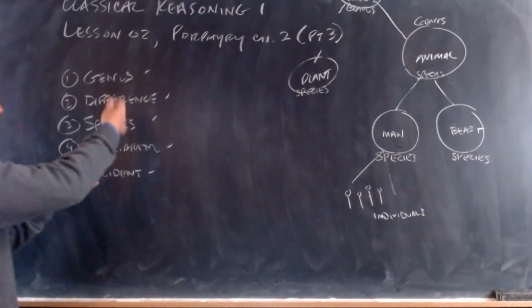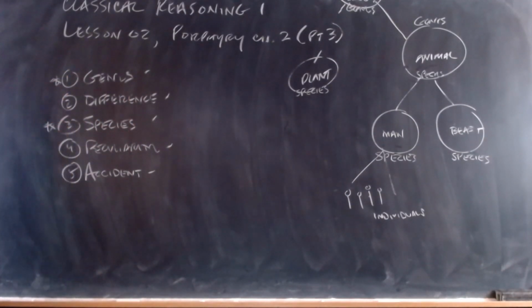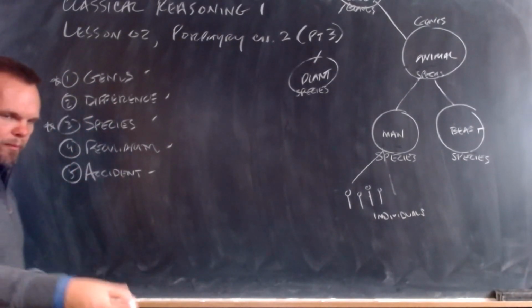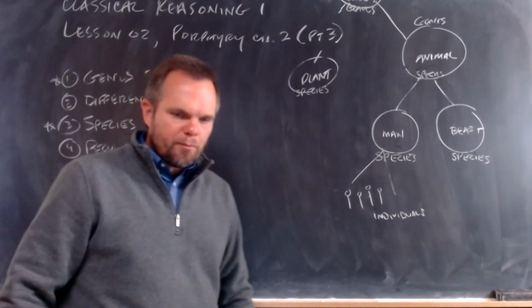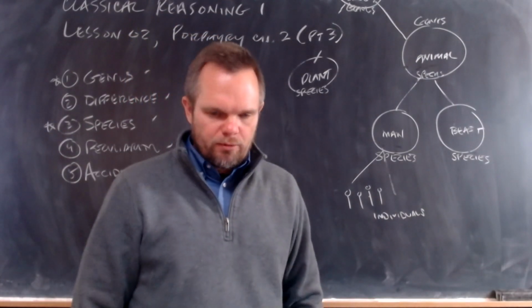We haven't studied all these yet. We've learned about genus and a little bit about species, but we haven't studied the others. But what we have right here is Porphyry gives us an example of each of these predicables, which is helpful.